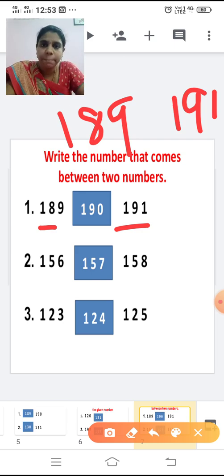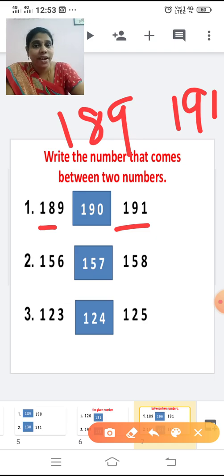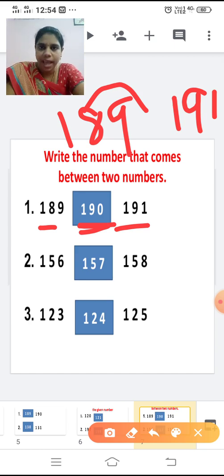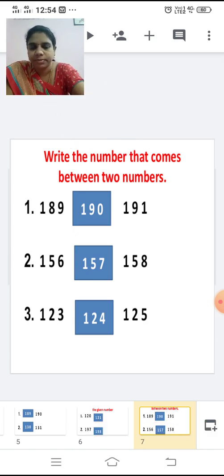Yes, 190. After 189, 190 will come. Before 191, 190. So 190 comes between 189 and 191.